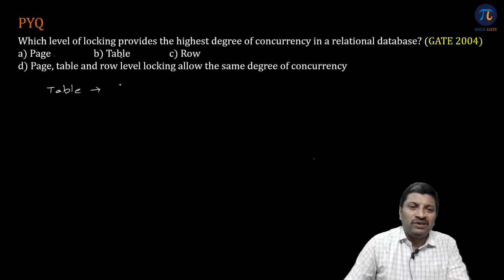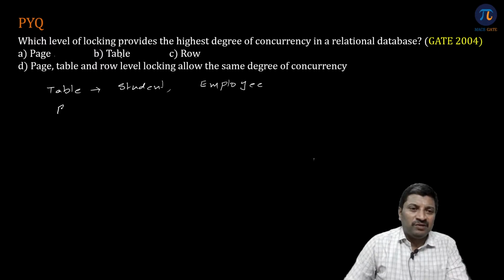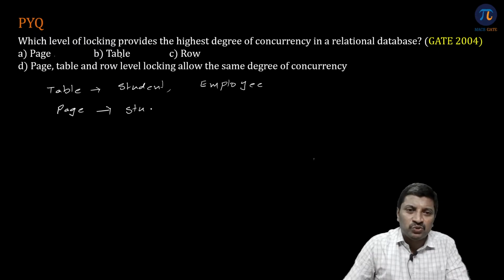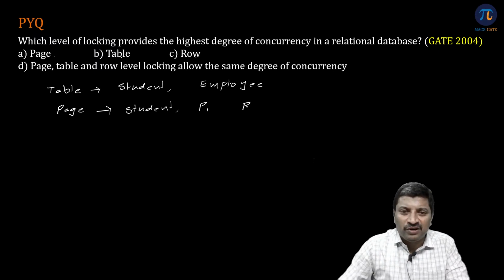The first one is table. When one candidate is working on the student table, the second candidate may work on the employee table. That is table level. When coming to page level, within the same relation student, the first candidate is working on page 1 and the second candidate is working on page 100.